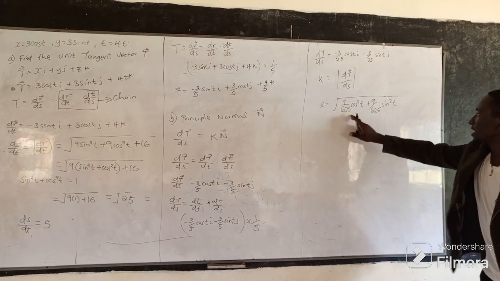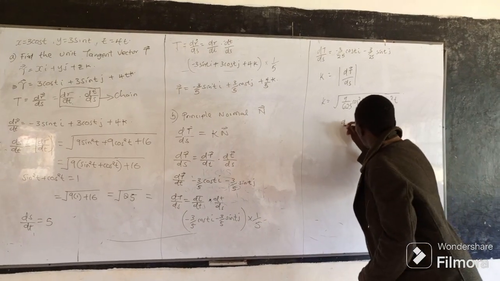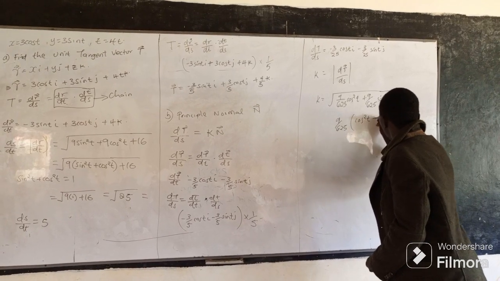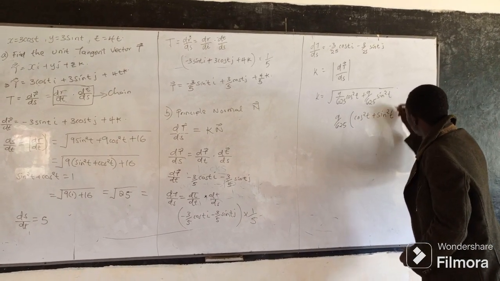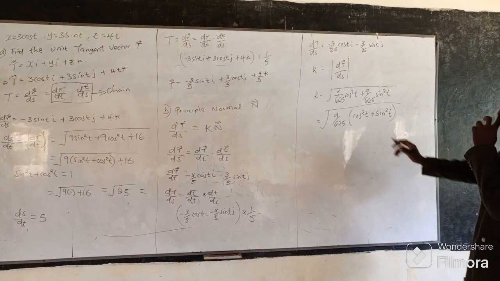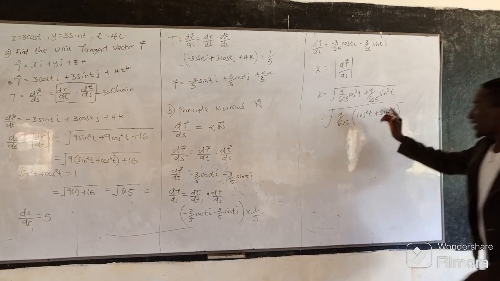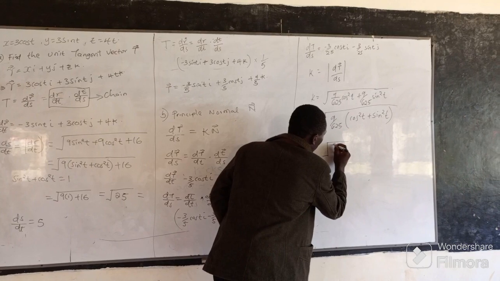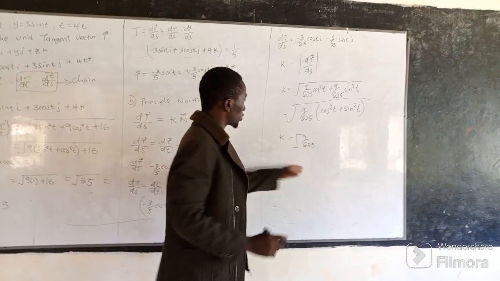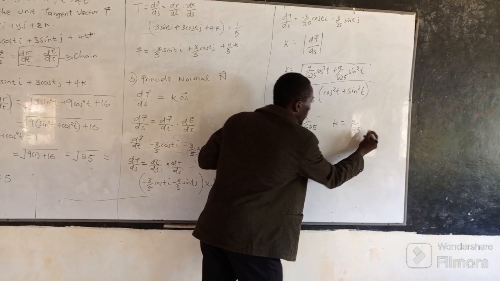I have a common constant, 9/625, so I can factor it outside: 9/625 into cos square t plus sin square t, everything under the root. From the identity, cos square t plus sin square t is equal to 1. Now I remain with the square root of 9/625 as the value of k. If I find the square root, I have the value of k as 3/25.